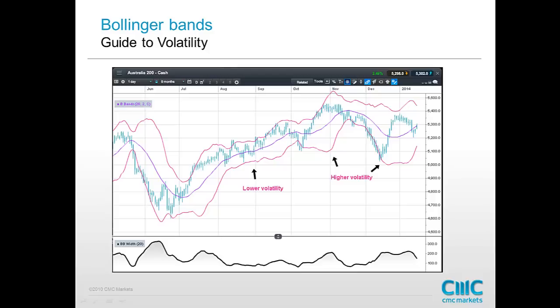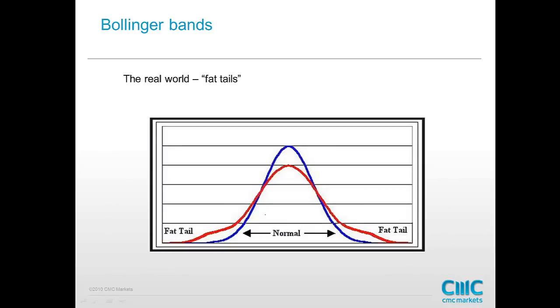Now, I mentioned before that mathematicians had normalized the distribution. They do that for a good reason. It makes it much simpler to make the calculations that led to the breakthrough that was Bollinger Bands. But the real world is different. This blue line is the normal distribution, a friend of the mathematicians.